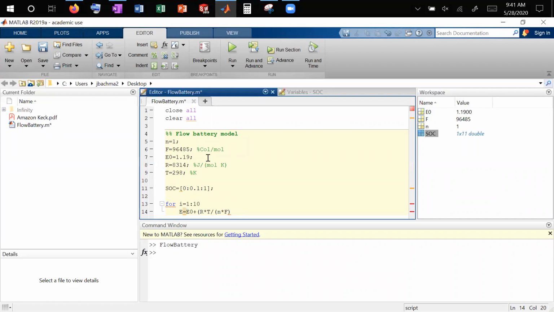RT over NF times natural log of, and here we're going to have SOC of I, this term squared, divided by 1 minus SOC of I squared.